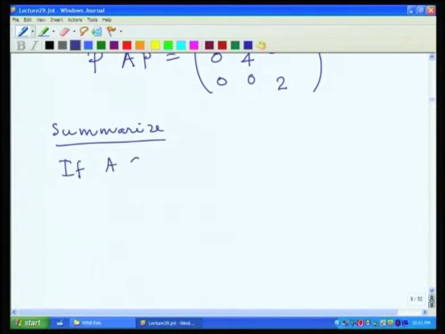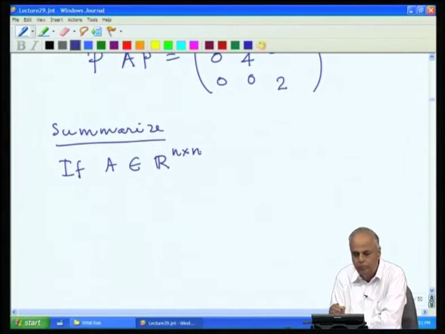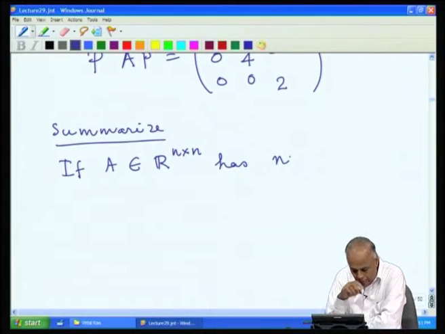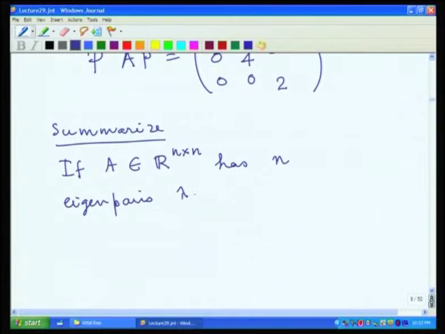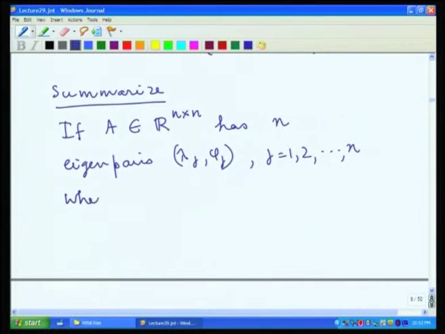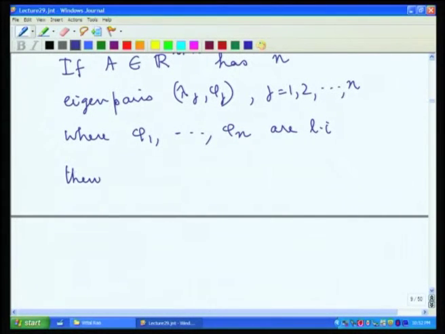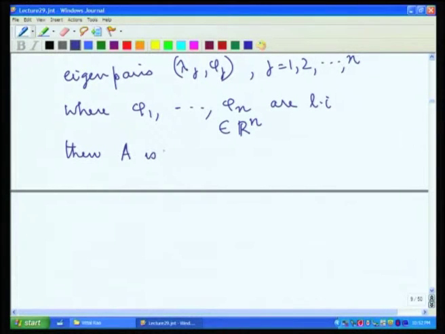The important thing to note is that if A belongs to R n by n has n eigenpairs lambda j phi j, j running from 1 to n, where phi 1, phi 2, up to phi n are linearly independent, and of course these vectors are in R n, they are all real vectors, then A is diagonalizable.